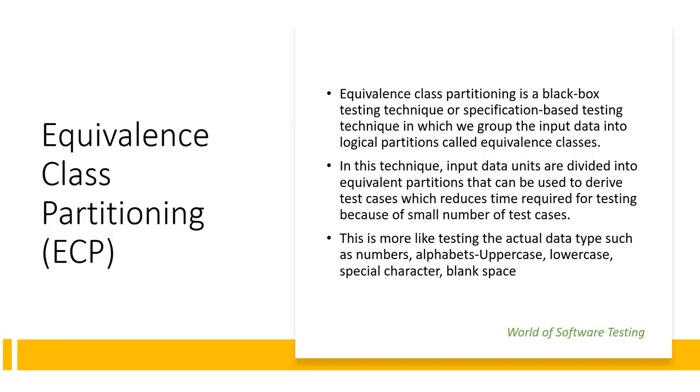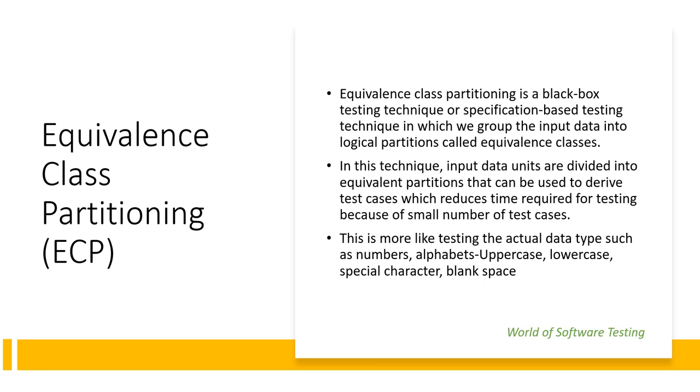So let us understand the equivalence class partitioning technique, or the ECP. Equivalence class partitioning is a black box testing technique, a specification based testing technique, in which we group the input data into logical partitions called equivalence classes. In this technique, input data units are divided into equivalent partitions that can be used to derive the test cases, which reduces the time required for testing because of the small number of test cases.